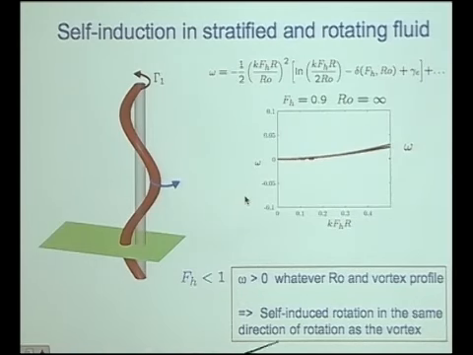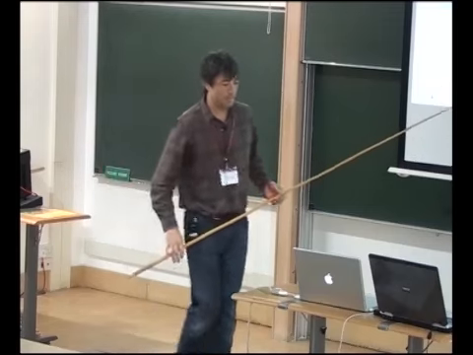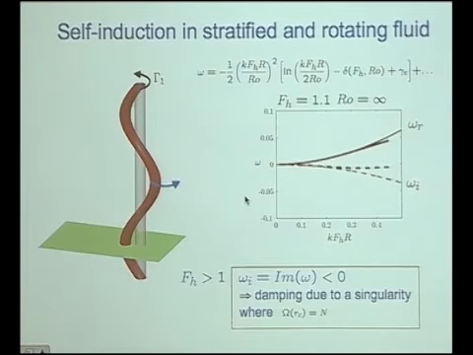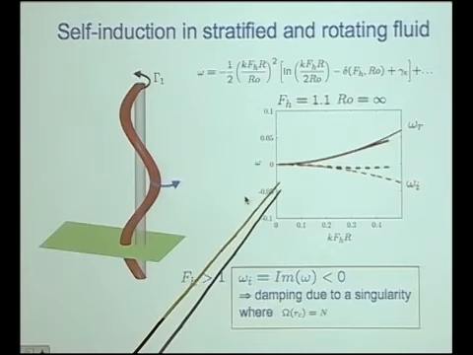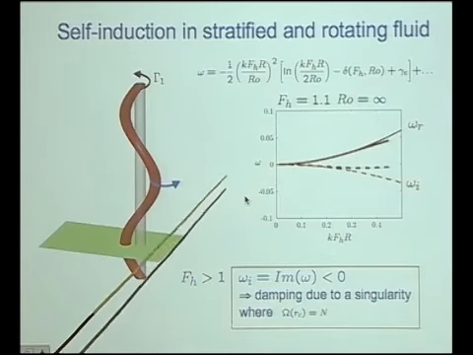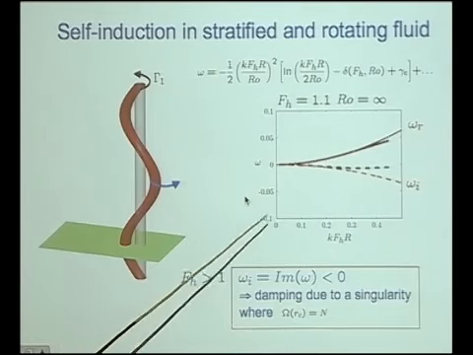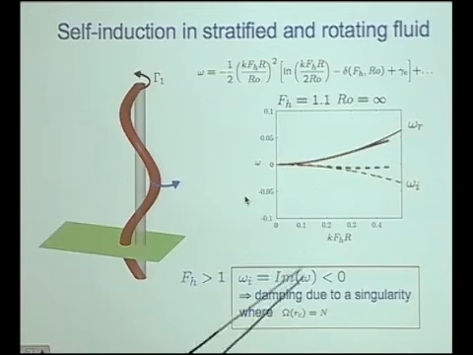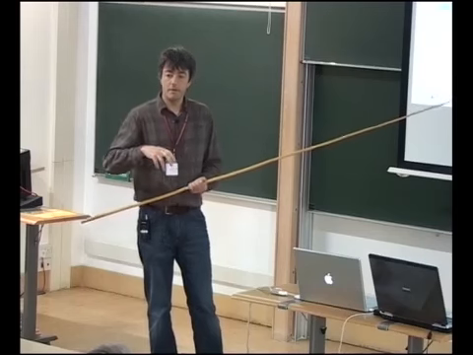And in fact, this result is very general. We can show from this formula that as soon as the Froude number is lower than 1, the self-induction is always positive, independently of the Rossby number and the vortex profile. So when the Froude number is increased above 1, for 1.1, for example, the self-induction becomes complex, with the real part still positive, but there is now a negative imaginary part.